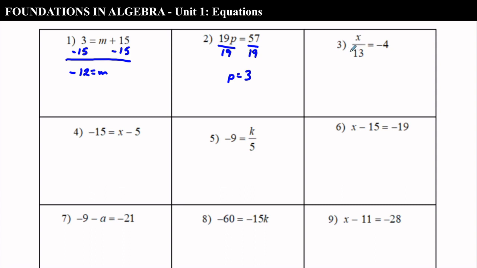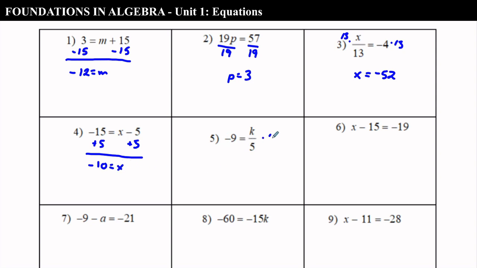Here, we have to multiply each side by 13. If we multiply this side by 13 and that side by 13, that's going to give us x on this side and negative 52 on the right-hand side. For number 4, we're going to add 5 to each side to get x by itself, and when you do that, you get negative 10 equals x.